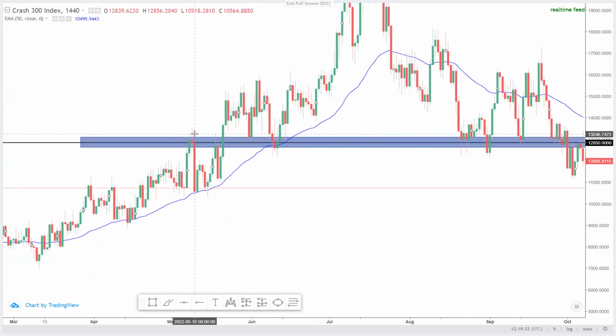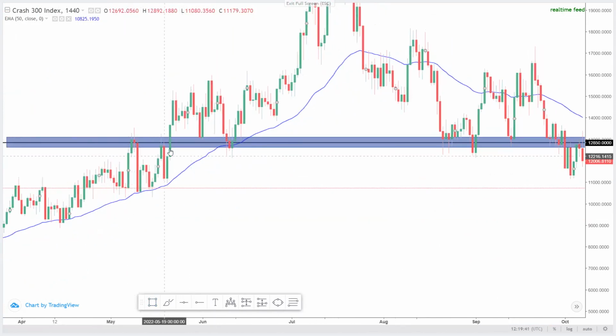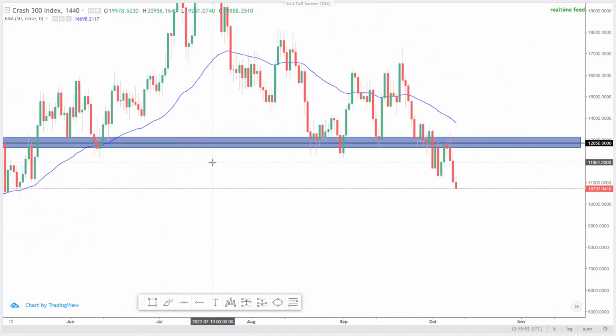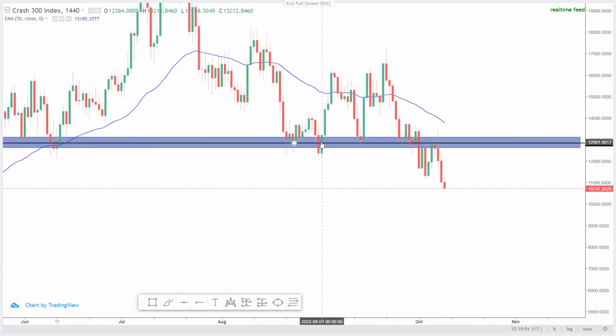Previously, we can see we had the level act as a resistance, a second time a resistance, and when price was above the level, you can see how the level acted as a support. Price above the level, support, and then we're now below the level.